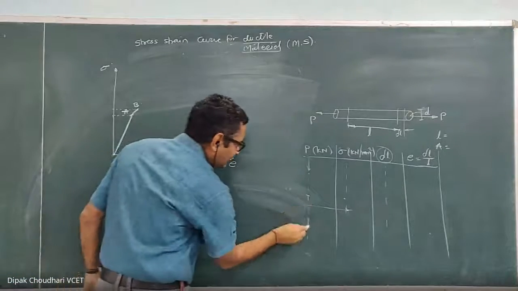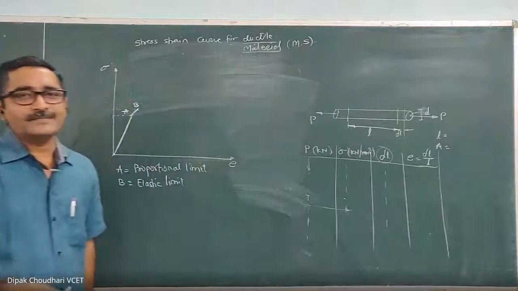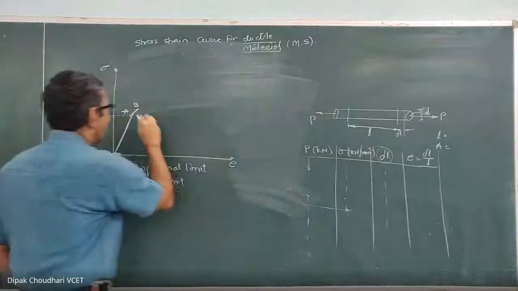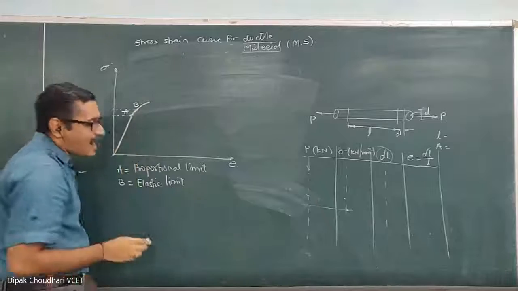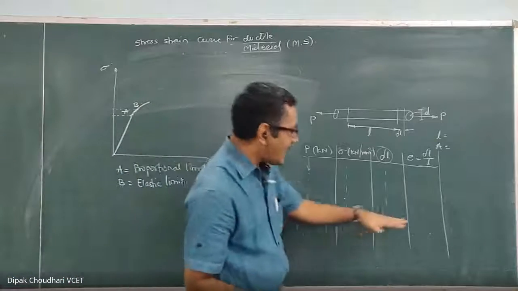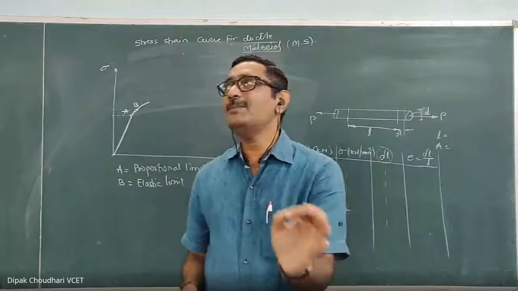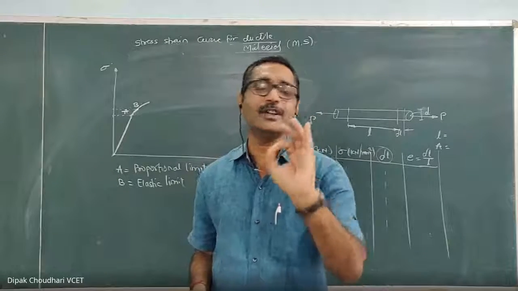Now after this, if I apply the force, the material enters the plastic zone. After this value of the force P, or after this value of the induced stress, there will be some permanent state of deformation.